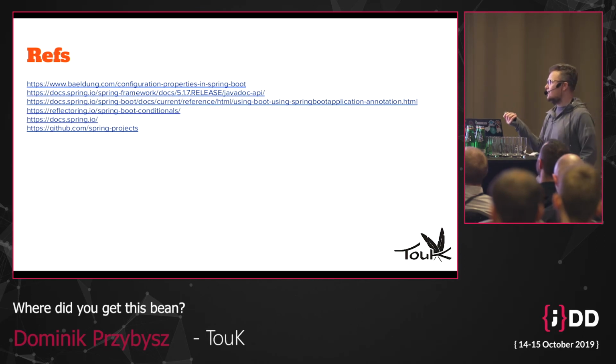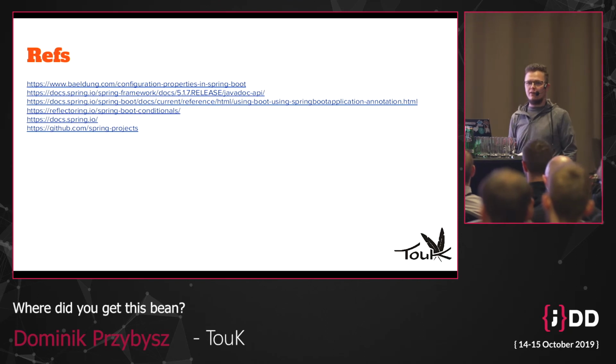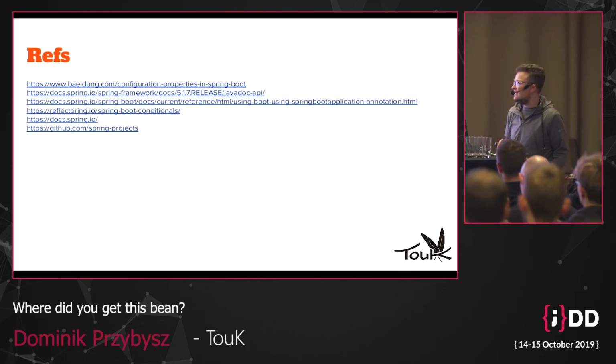I have some links. There are not a lot of them, because I think the documentation of Spring is one of the best documentation I have ever seen, I have ever read.